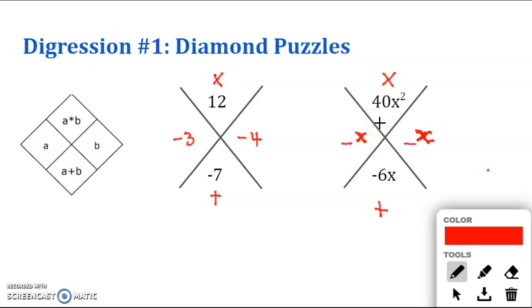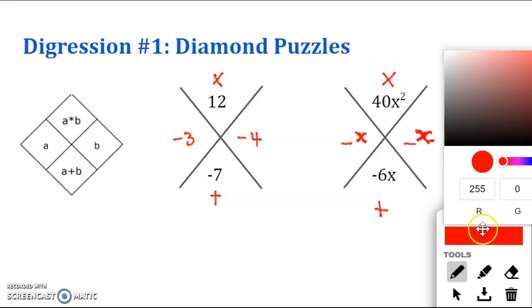So the two numbers that I should put in front of the two variable x's: what is the number that multiplies to 40 but adds to -6? I just discovered an error there, so I am going to change that to -40.